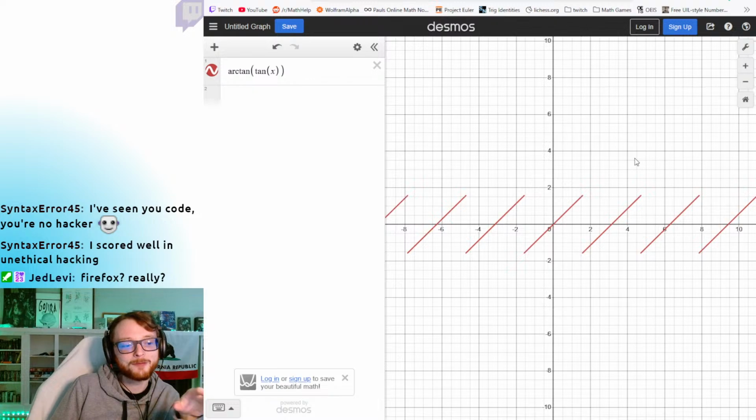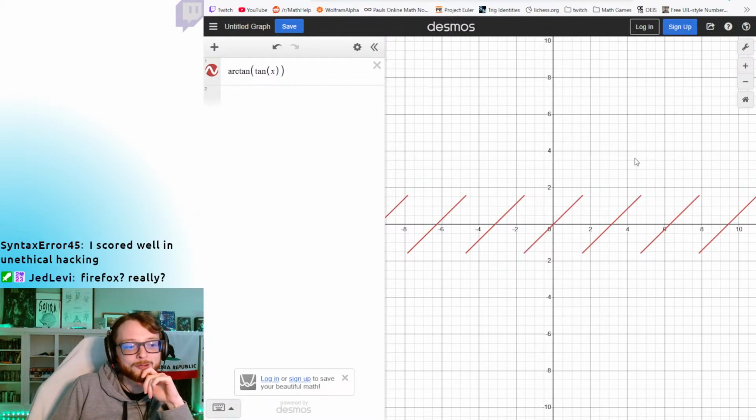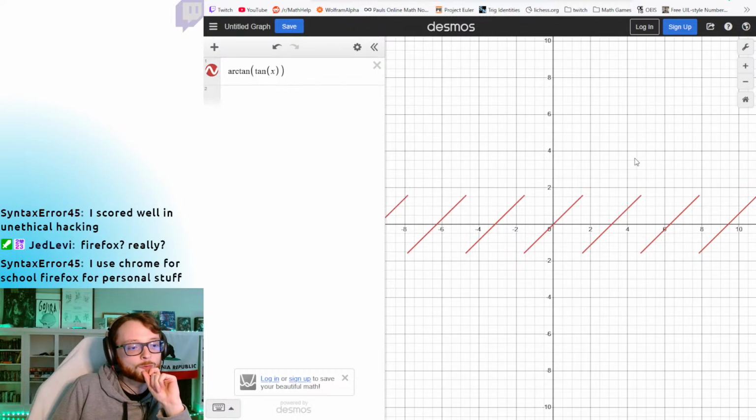So I use Firefox because I use Chrome for all my personal non-stream stuff, and I just wanted any other browser for stream stuff. The issue I'm having is with Windows, trying to be smart about resizing my windows and never doing it right. It's really not Firefox's fault, but I like to blame it anyway. Chrome for school, Firefox for personal stuff.